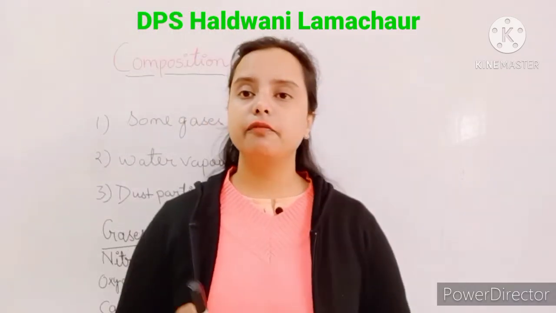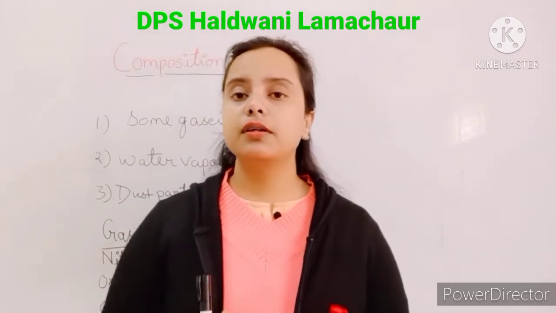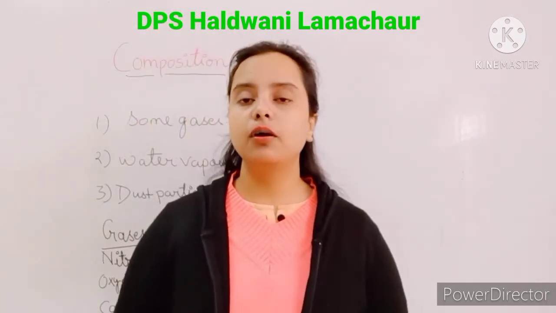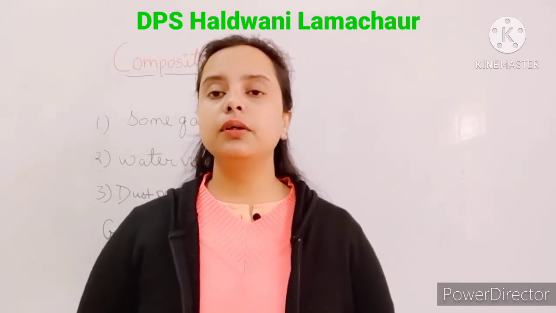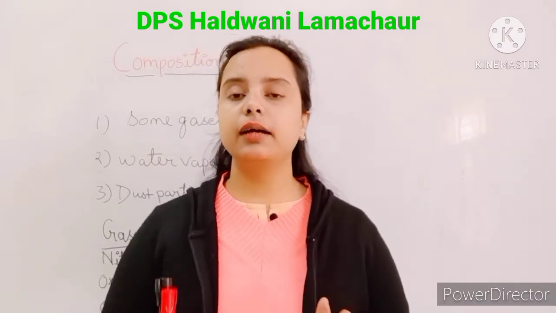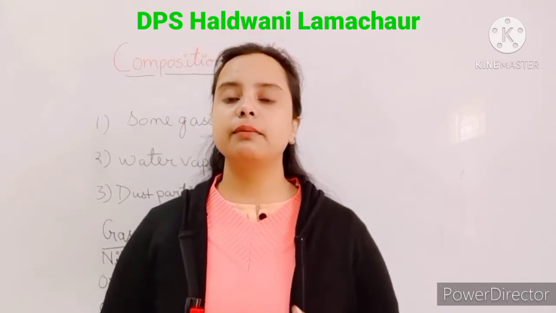Now there are some water vapors also. In the water cycle, the first step is evaporation. I have told you that every time, day and night, every second, evaporation of water is taking place.